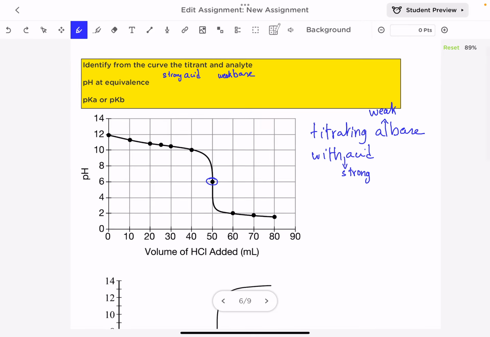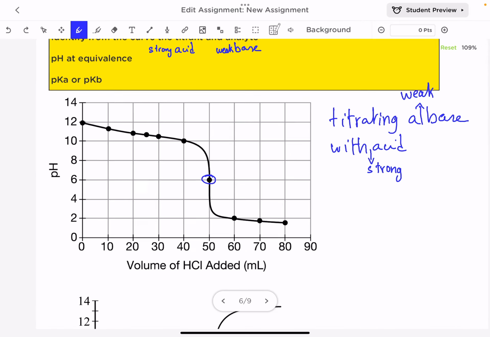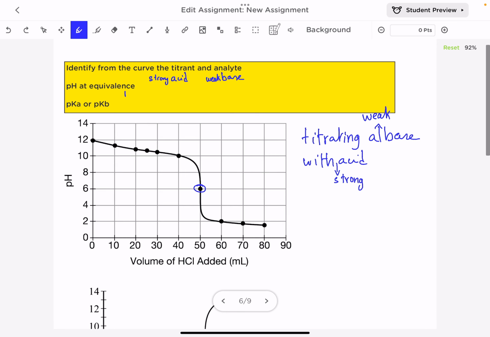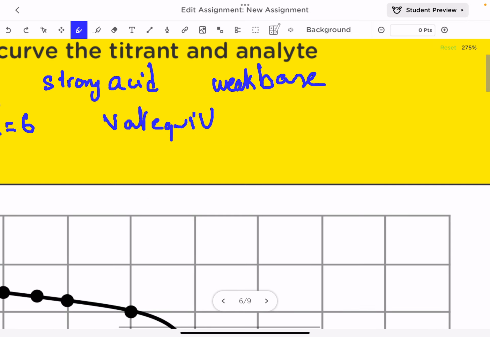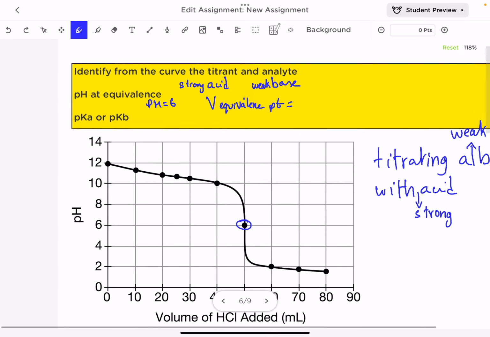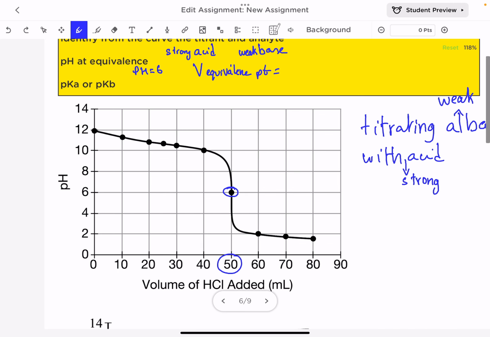Now in these kinds of questions, let me just answer this question. The pH at equivalence here is equal to 6, and the volume at equivalence point is equal to 50 milliliters.